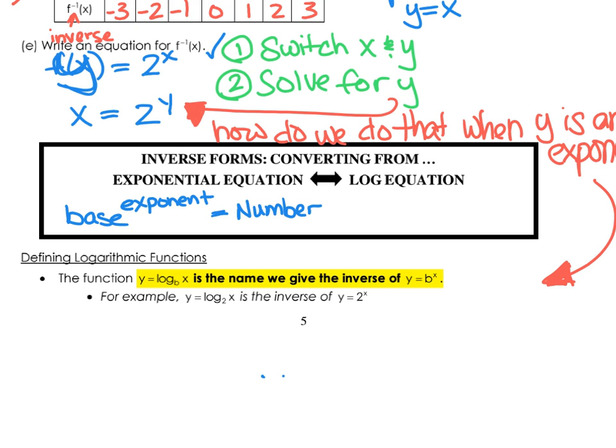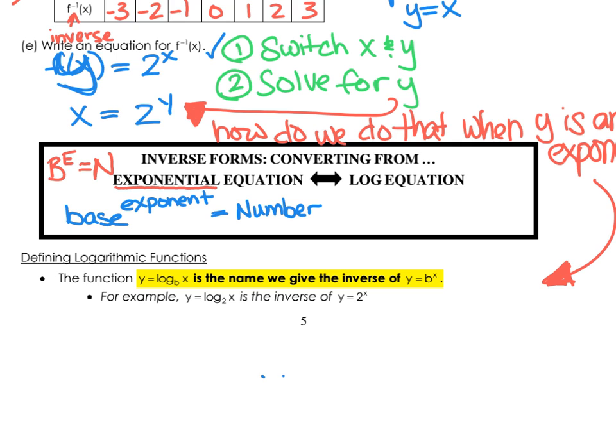So they'll shortcut this: B to the E equals N. And some people will call this Ben form because it spells the word Ben. Some people will refer to this form as exponential form. Just know that it's base to the exponent equal a number.